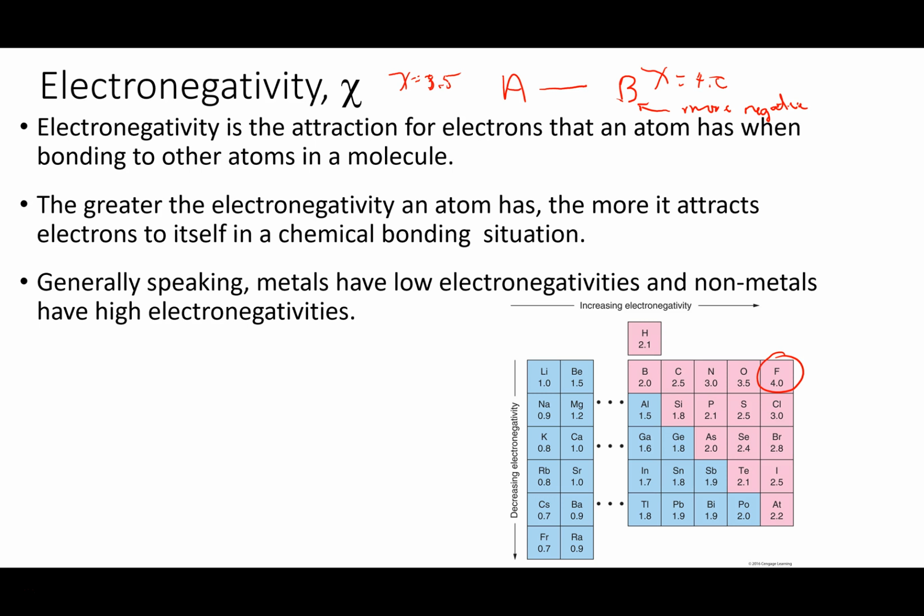So oxygen 3.5 minus 2.1. So you're looking at an electronegativity difference of 1.4, which is pretty big. So on this water molecule, and this is significant, the oxygen wins the tug of war, and that's what we call partially negative, and both the hydrogens are partially positive.